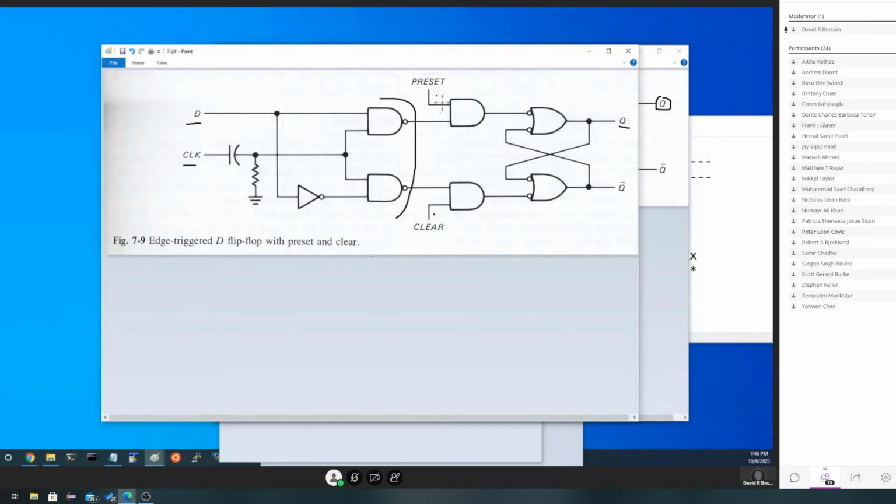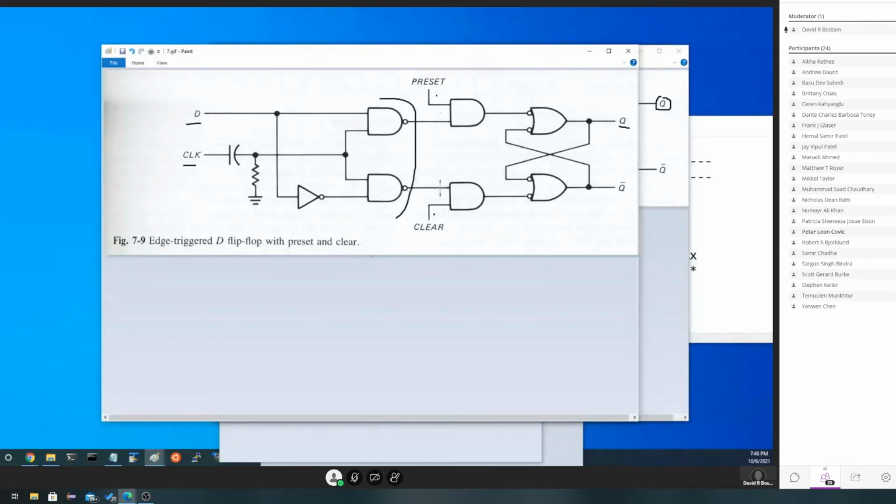I want to leave preset and clear as zeros if I want the D clock over here to actually do its thing. So D can be made to change the outputs synchronized with the clock, or I can change Q using preset and clear and not even consider the clock.